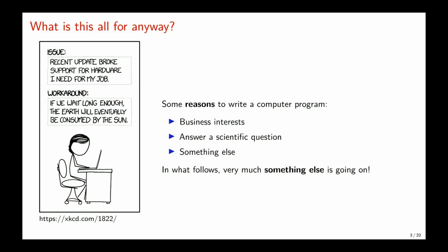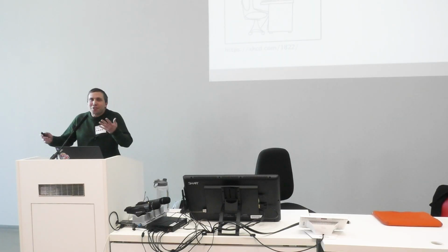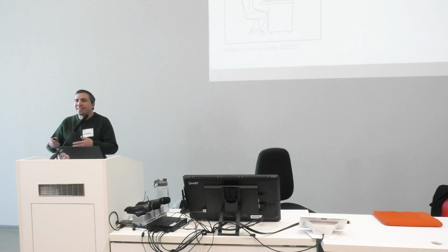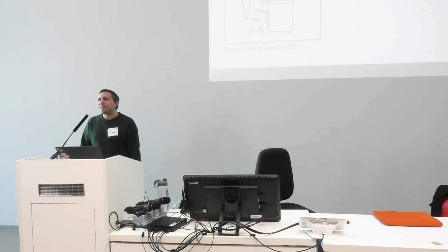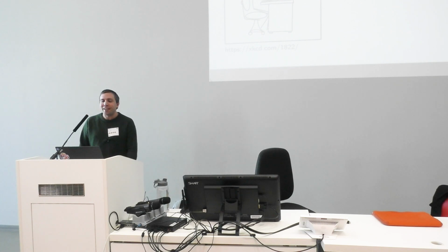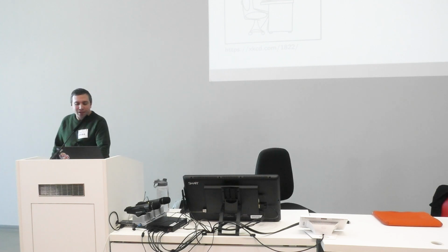You might even want to write a computer program to answer some super important and insightful scientific question. That's also interesting, I guess. But then every once in a while, something else is going on. It's not so clear, or maybe it has not this strictly defined purpose or reason. And in what I'm going to tell you today in my presentation, very much something else is going on.